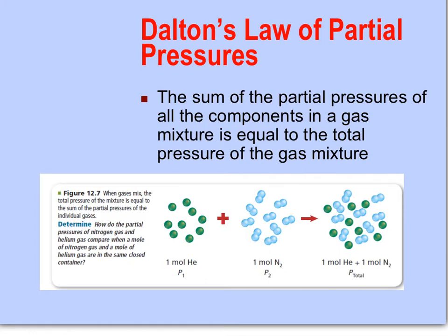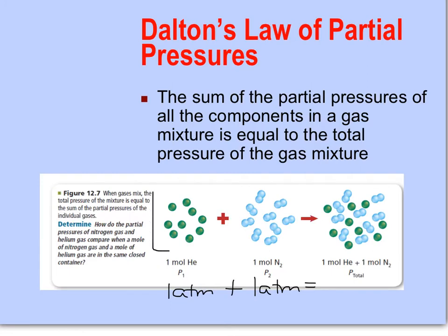Knowing that at standard temperature and pressure, 1 mole of helium would have a pressure of 1 atmosphere, 1 mole of nitrogen would have that exact same pressure. So we could add those if we mix them together into a container.